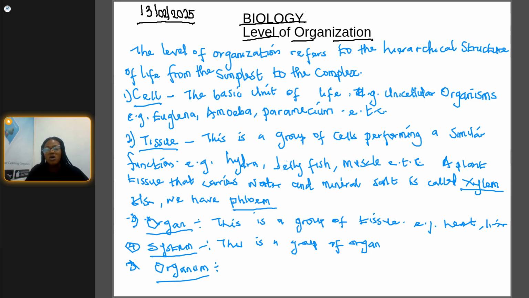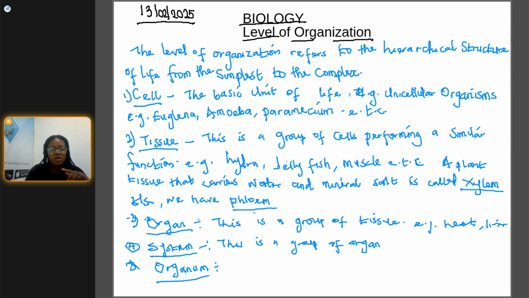So that means the organism consists of the cell, the tissue, the organ, and system. I want you to understand deeply this level of organization, which means that humans, who belong to the level of organisms, have the cell in us, we have the tissue, we have organs, we have systems. We also have individual organisms that belong to this category.